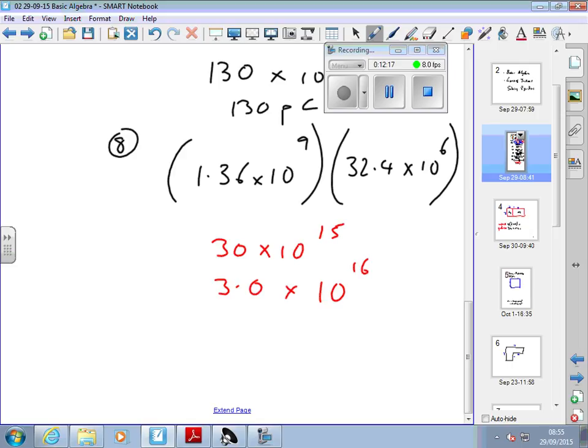So you do it on the calculator, and what do you actually get? Is that right? Yeah, okay. And then I look at it and round it to an appropriate number of significant figures. And if we look at this, 3 significant figures, 3 significant figures, so in the solution, 3 significant figures.